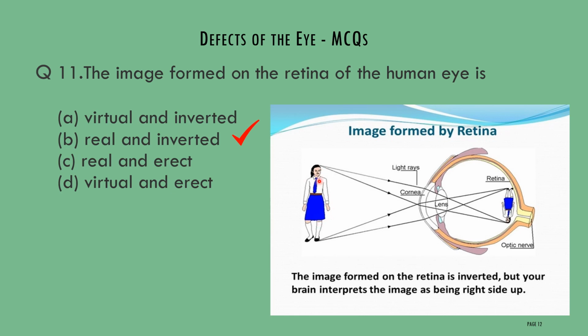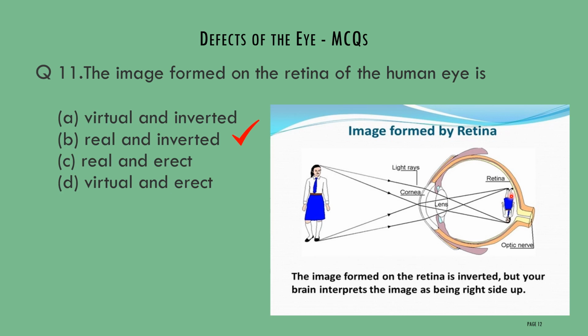Inverted is nothing but, here the picture of the girl forming on the retina is inverted, that is, upside down. In the same way, whenever you see an object, you get an inverted image on the retina. But your brain interprets the image as being right side up. How does the brain recognize it? Here you can see nerve cells are there.